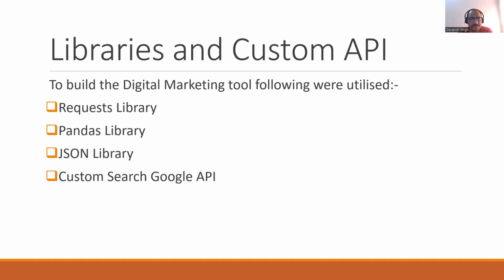And lastly, the most important tool is the Custom Search Google API. By this API tool, the user can search for relevant information according to the keywords entered.